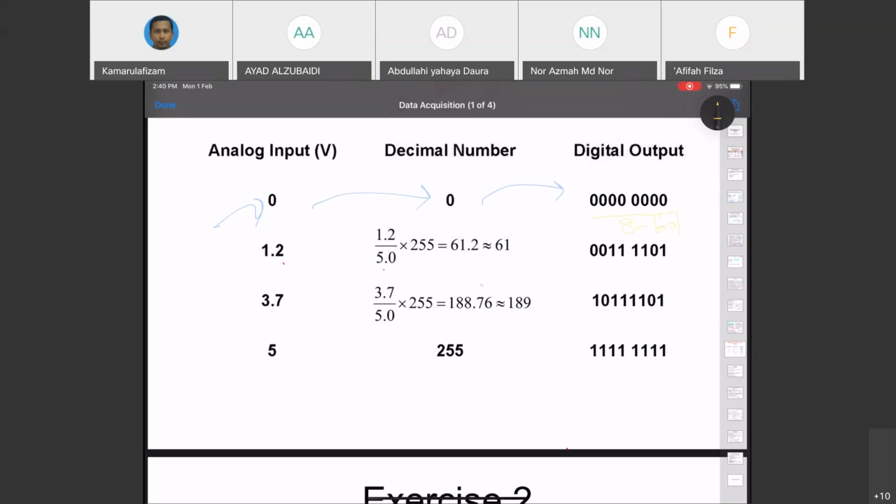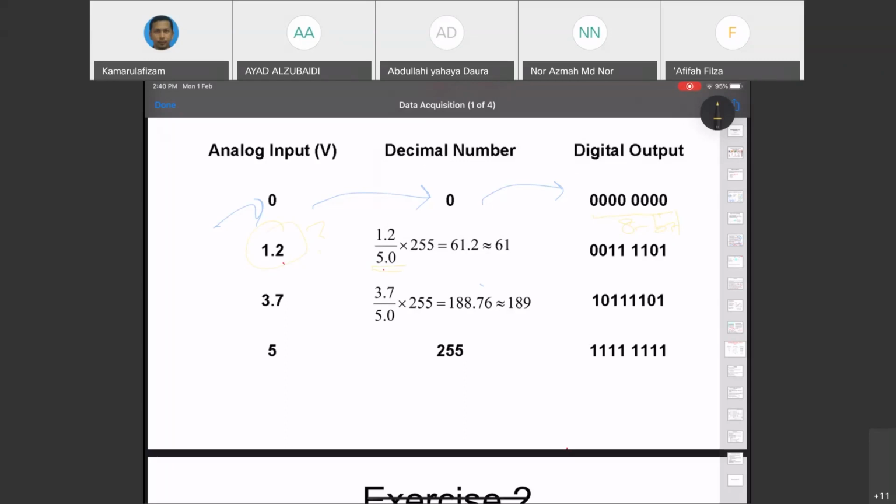And when we have some other analog input values, in this case we have 1.2 volts, and the system is currently running on a power supply of 5 volts. Then how do we convert this voltage value into a digital value?